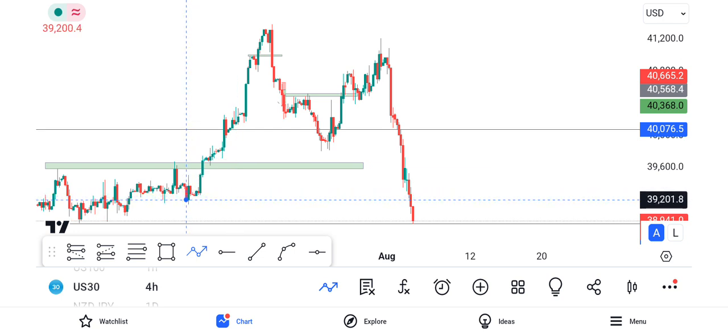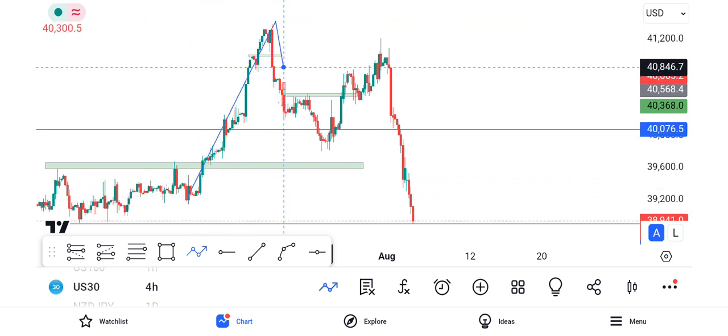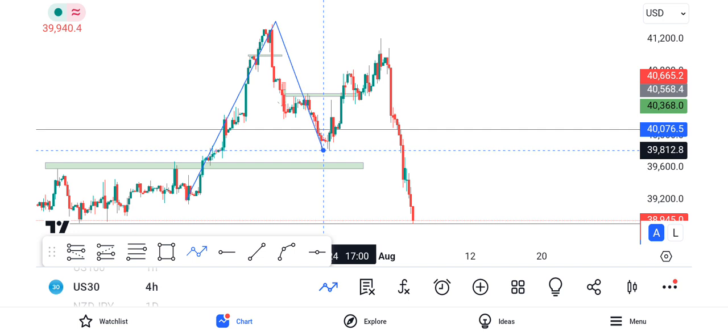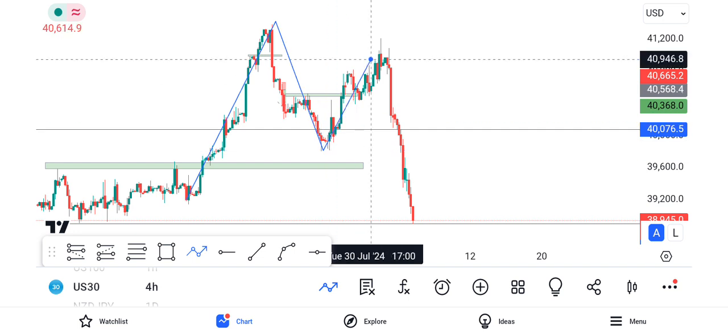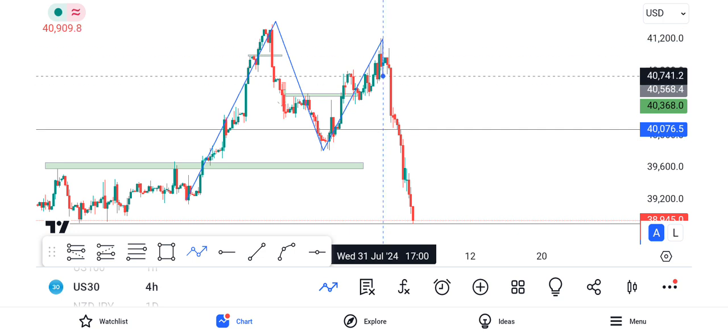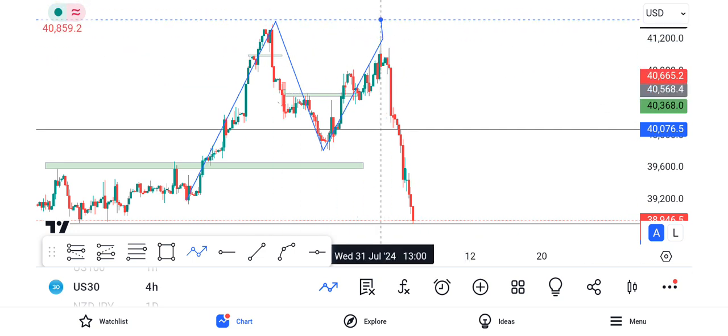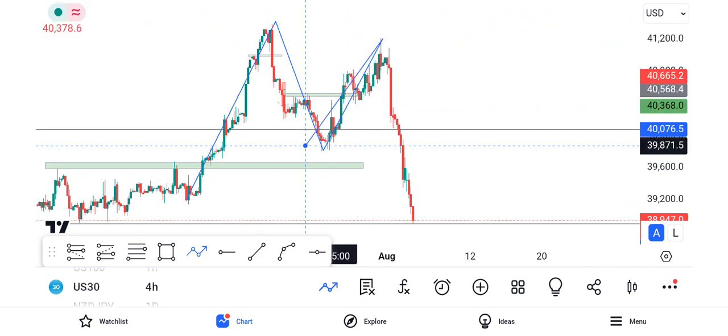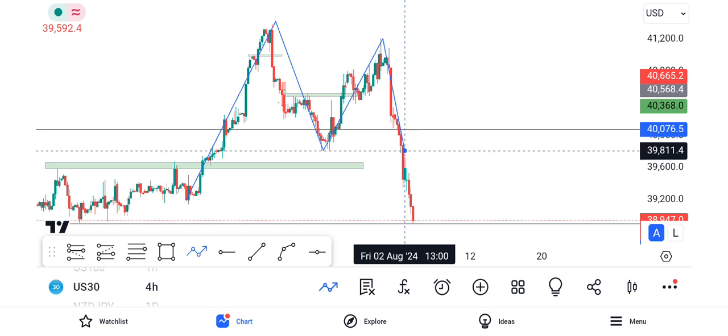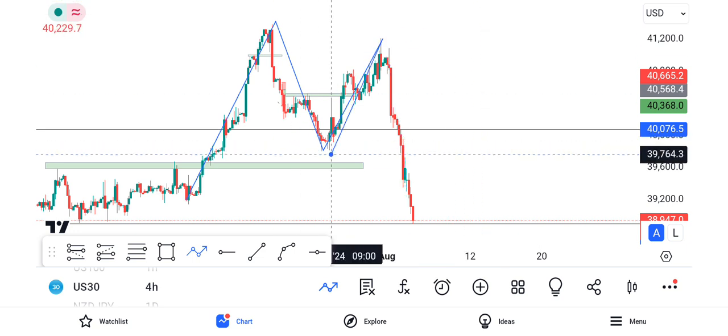How they created this, which is a pullback, unable to break this, first sign of reversal, then eventually breaking this instead of coming back and shooting up, but instead breaking this.